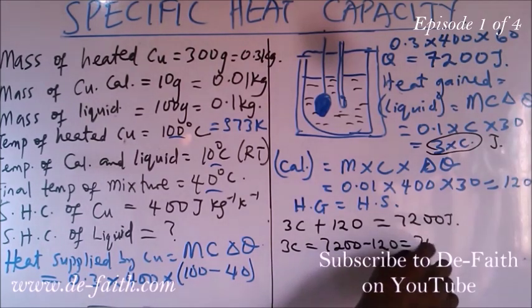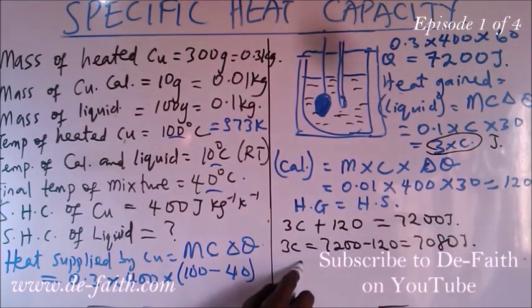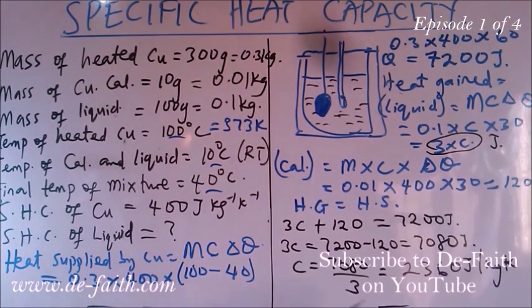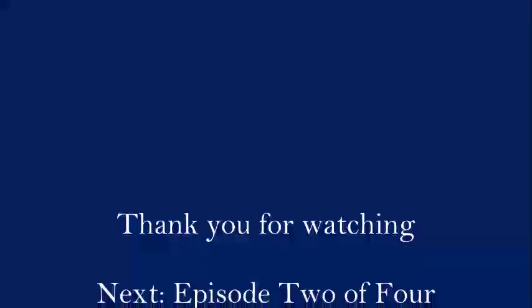That leaves us with 7080 joules. Hence, dividing both sides by 3, we have 7080 over 3. And that leaves us with 2,316 joules per kilogram per Kelvin. And this is the specific heat capacity of the liquid.